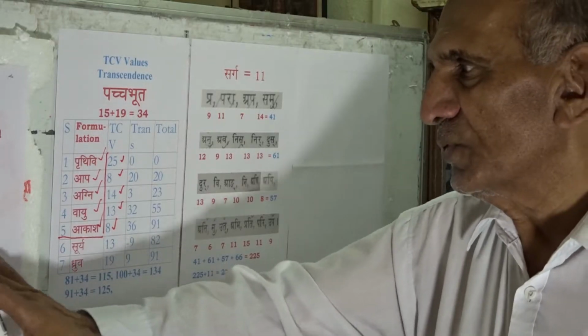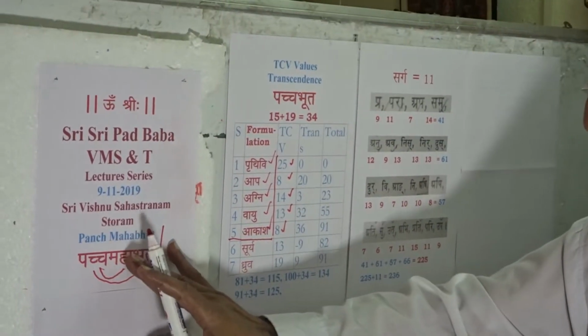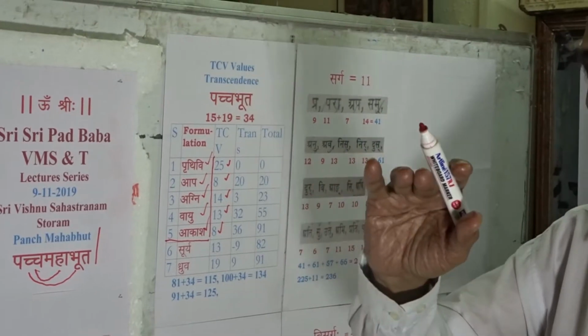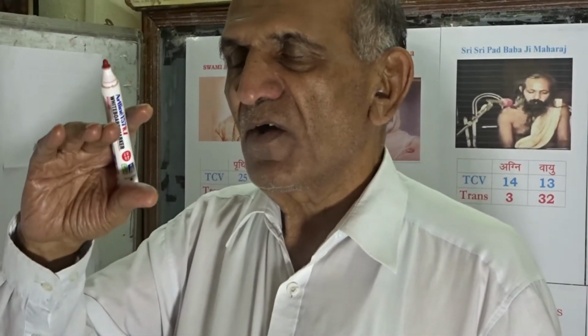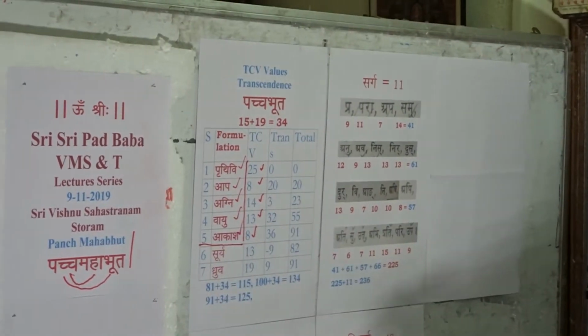So Panchbhut and Panchmahabhut are the pair of compactified states of the existence phenomenon as five elements transiting and transforming as the transcendental formulations, becoming Panchmahabhut.